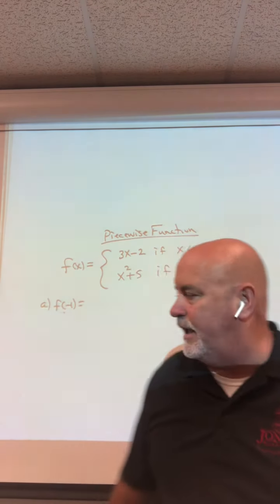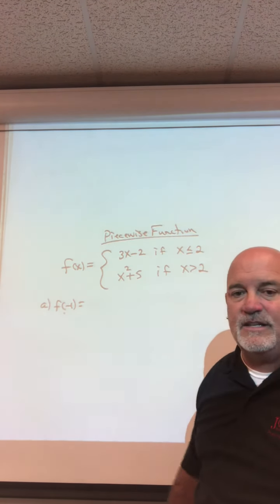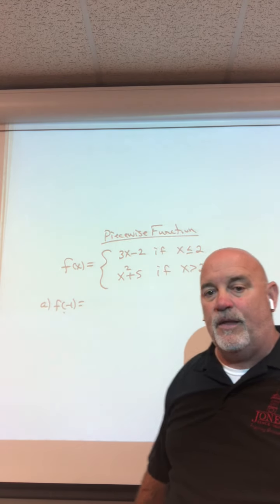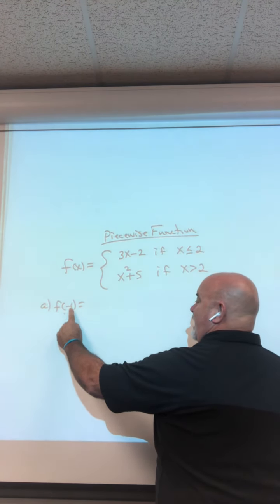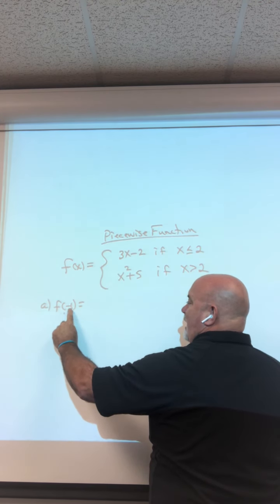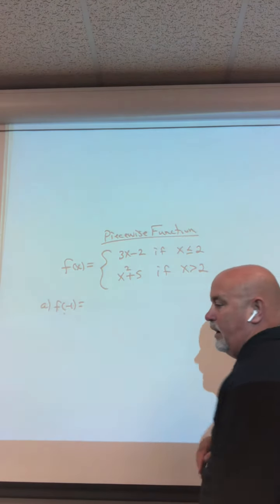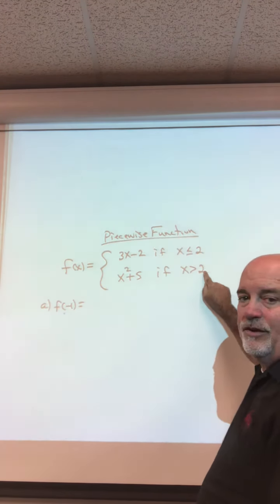So what you do is, depending on what x is, depends upon which one of these 2 pieces you plug it into. So, what are we letting x be in this problem? -1. Which one of these 2 pieces allows x to be -1? Well, question, is -1 bigger than 2?